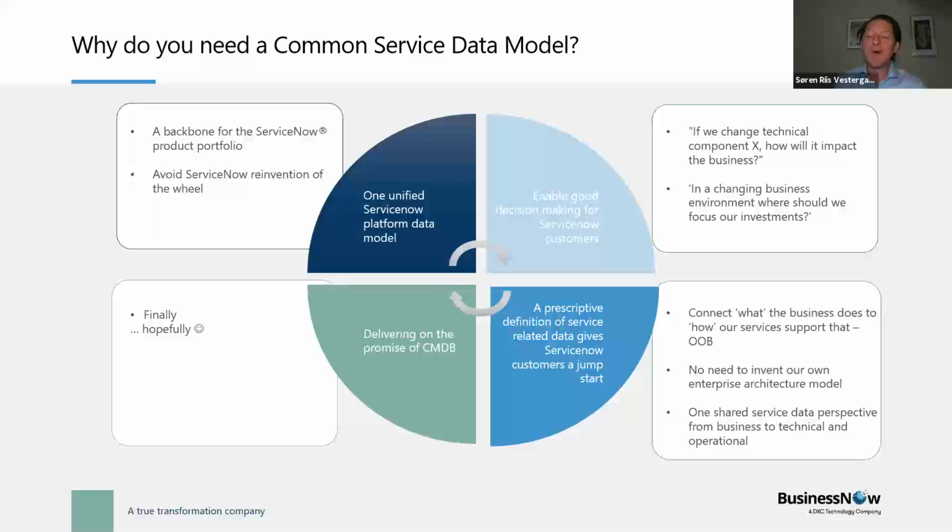You can use the one in ServiceNow as a practice, as a starting point, and perhaps add to it, but everything in the model is represented in the physical tables and relationships in ServiceNow.